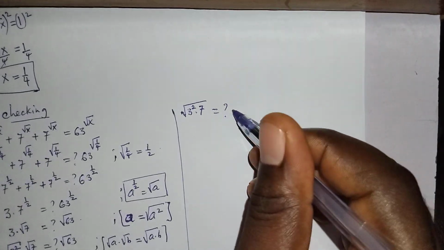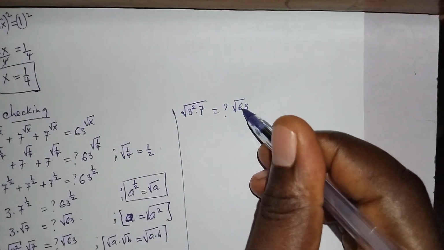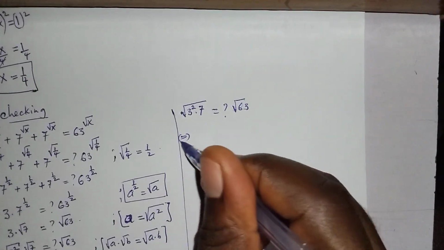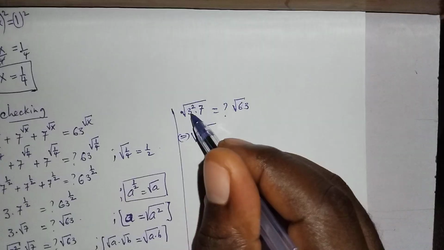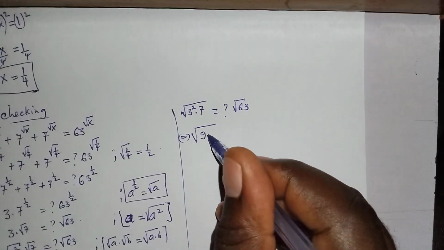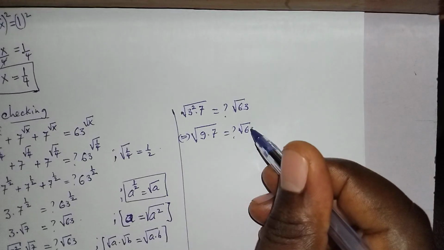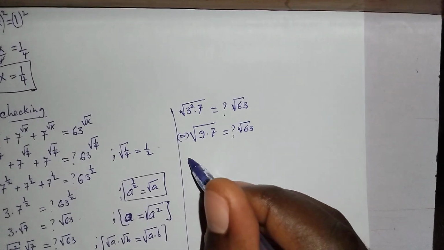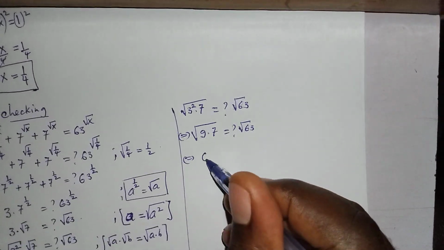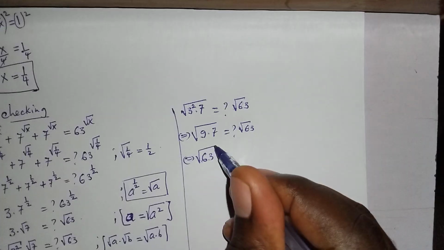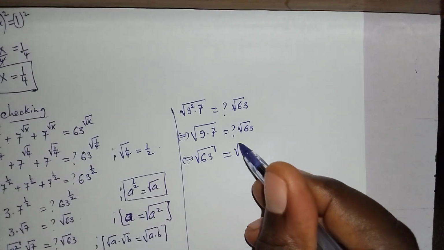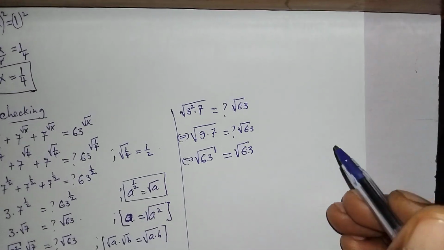Is it equal to √63? The square root of 3 squared is 9, times 7. 9 times 7 is equal to 63, so the square root of 63 is equal to the square root of 63.